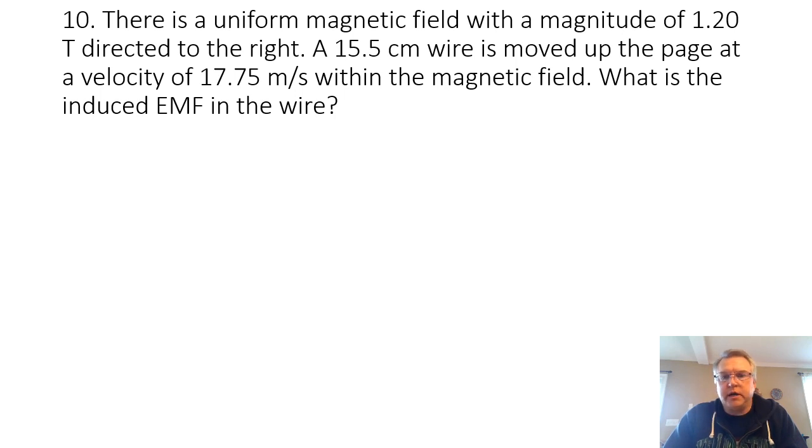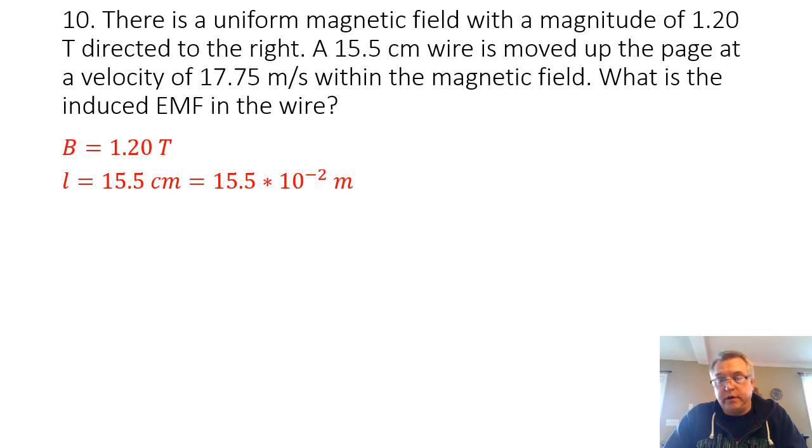So I know the magnitude of my magnetic field is 1.20 Tesla. The length of the wire is 15.5 centimeters, which I do need to convert to meters, so that is 15.5 times 10 to the minus second meters. The velocity is 17.75 meters per second. And they are asking us to find the induced EMF in the wire.